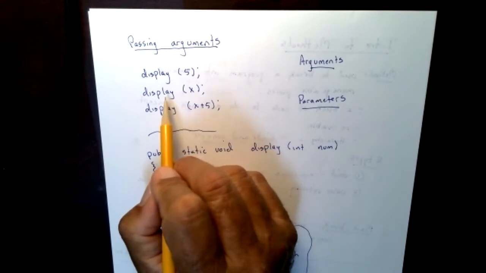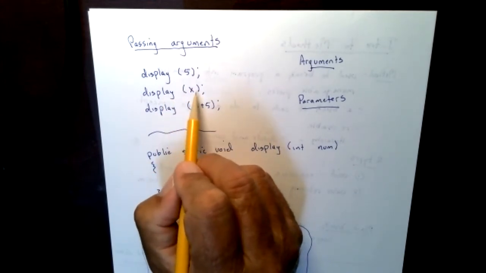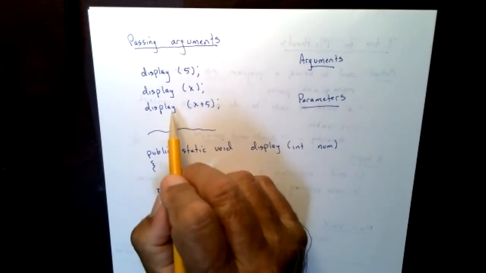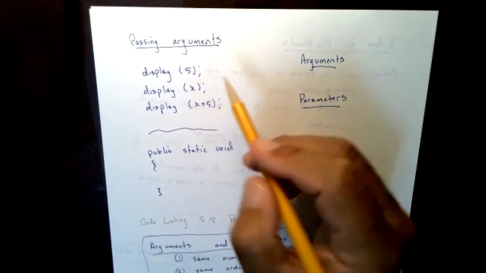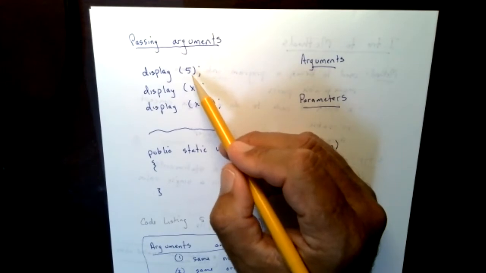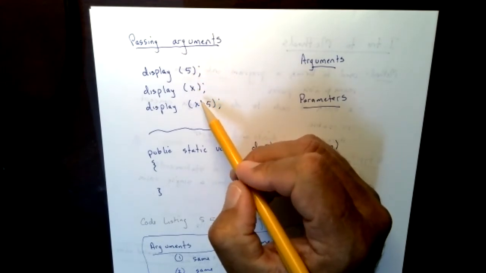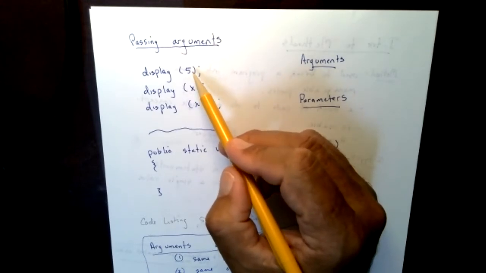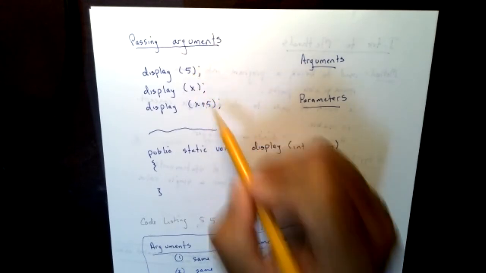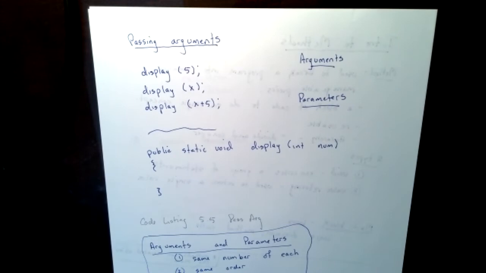Inside of this display, I have a variable x. Here I call display x plus 5. I have an expression. So when I include arguments, I'm passing values over. They can be a constant, they can be a variable, they can be an expression like display x plus 5.